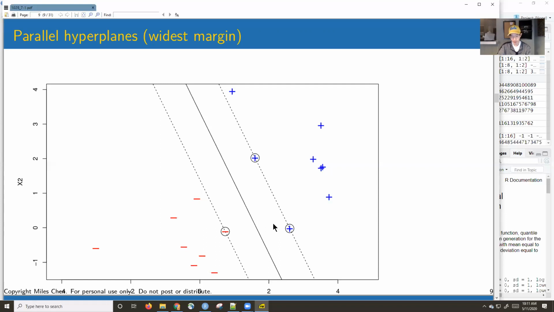The width of this thing is as wide as possible, so that's the maximum margin. Okay, and again, this is a contrived toy example, but this is the solution that we would choose for drawing a straight line boundary between the blue and the red dots.